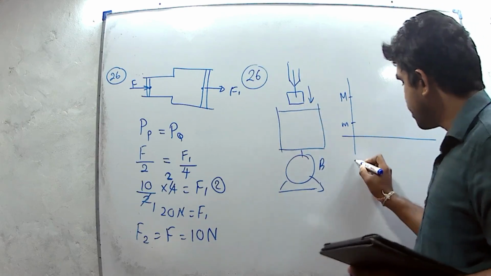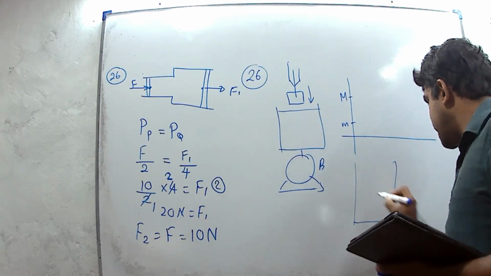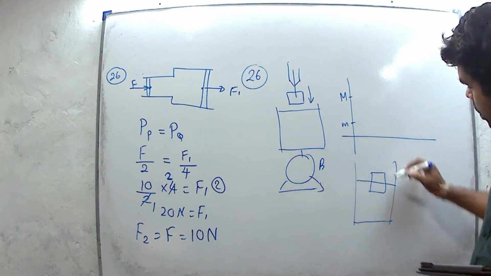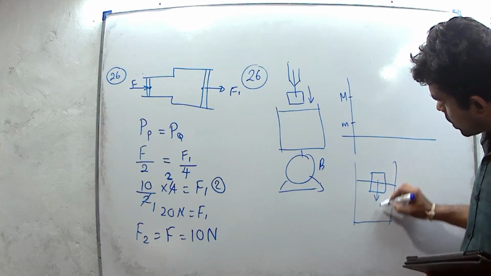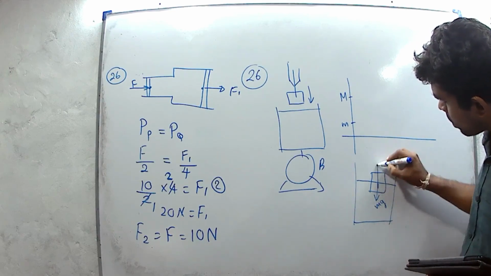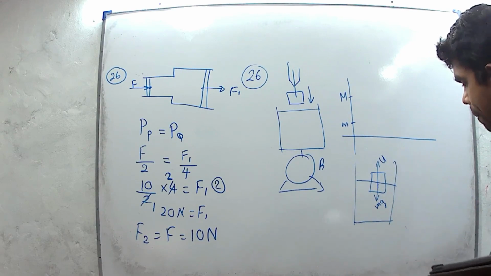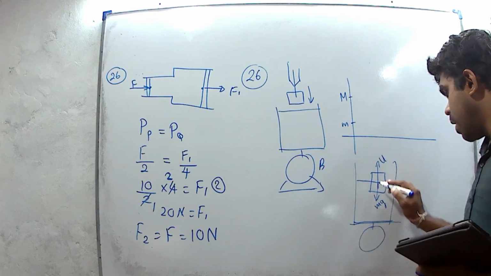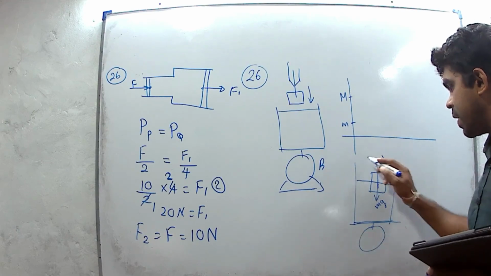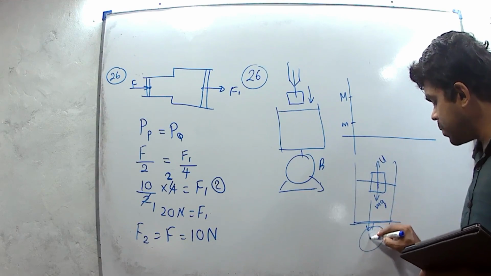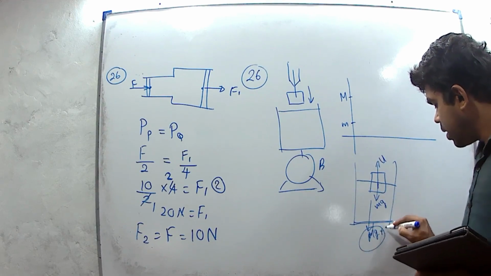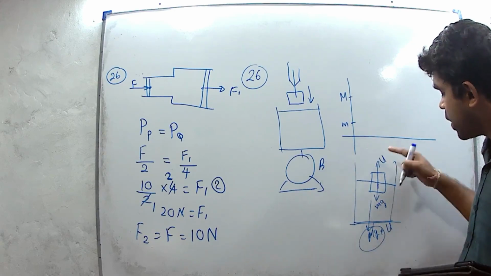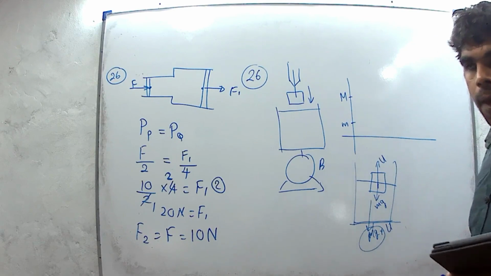I will consider when it is at a level like this. For this object, there is weight and an upthrust. And when considering the outer system, the container, there is capital Mg, and there is a downthrust. We can get an equal and opposite downthrust on the water.